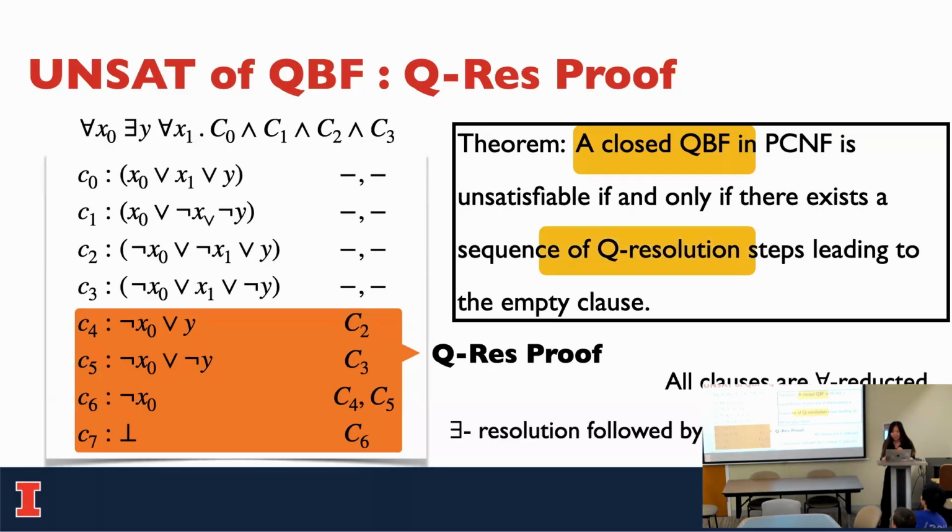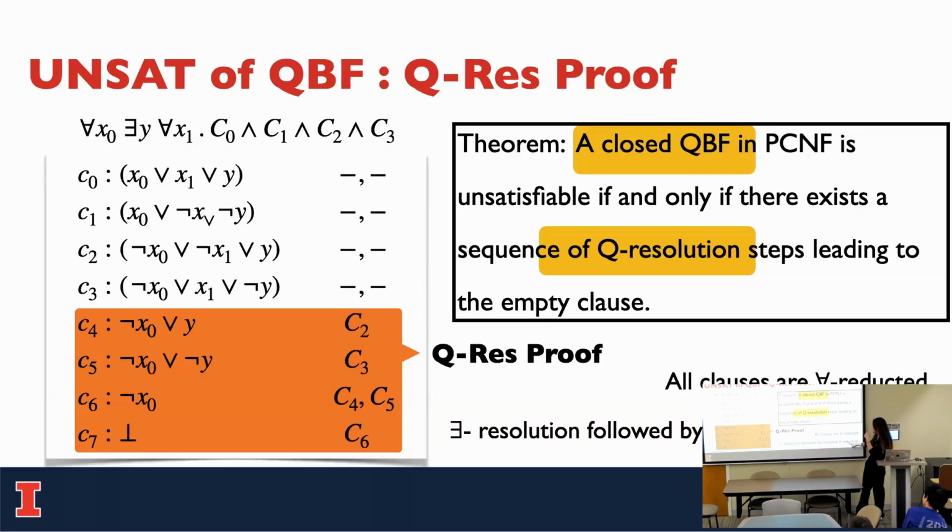Another thing I want to emphasize is what is meant by a Q-resolution step. For existential resolution and forall reduction, a Q-resolution step means existential resolution followed by a complete forall reduction. If you think about forall reduction, you can remove a subset of literals.